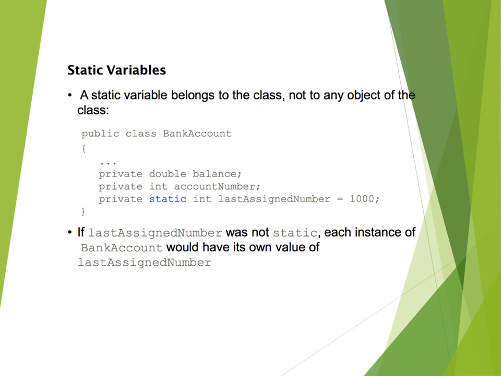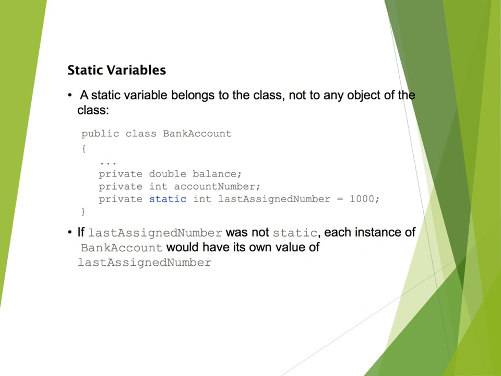In a similar way that we defined static methods, we can define static variables. A static variable belongs to the class, not to any object of that class. So for example, if you have a public class BankAccount and you have some features like balance and account number, these are private, and you have another feature called lastAssignedNumber.